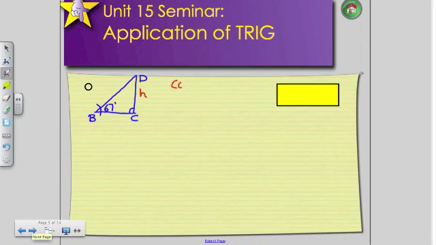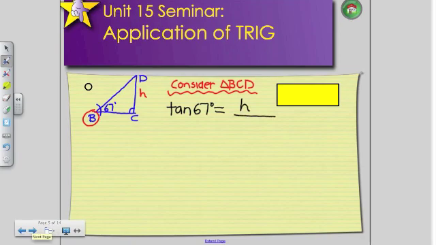So we're going to consider the triangle BCD, and this time angle B is my starting point. So I know that tan of 67 degrees is going to be equal to my opposite over adjacent, which is BC. Because I don't know this side length, I'm just going to let it be represented by BC.